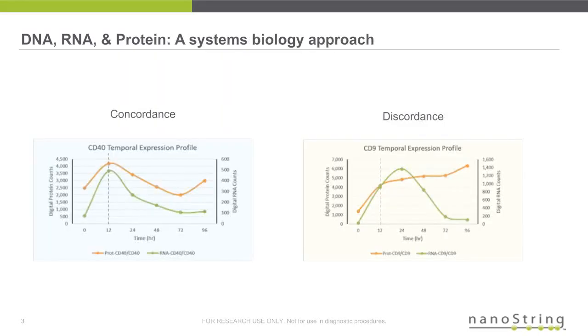So just as a simple example of why it's important to look at both RNA and protein, in this study where we've stimulated macrophages, and we've done a time course here, we're monitoring both RNA and protein.